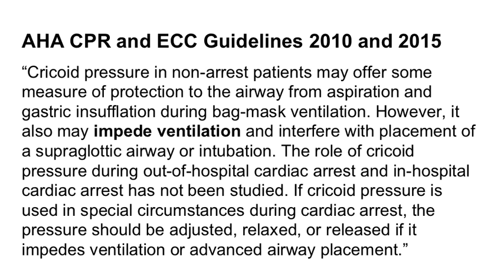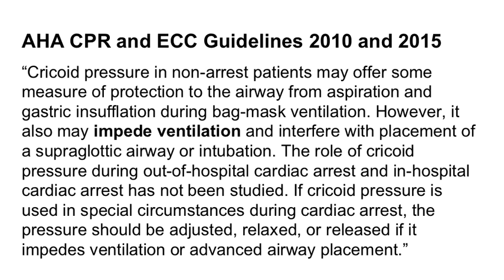But the American Heart Association CPR and Emergency Cardiac Care Guidelines, way back in 2010, state that cricoid pressure in non-arrest patients may offer some measure of protection to the airways from aspiration and gastric insufflation during bag mask ventilation. However, it may impede ventilation and may also interfere with the placement of the supraglottic airway and also the intubation.